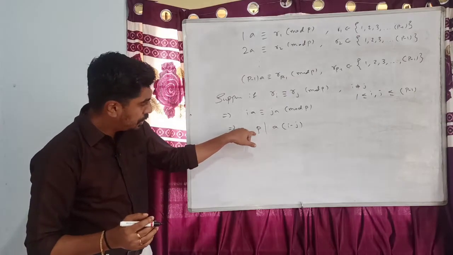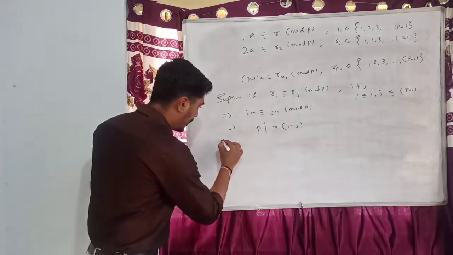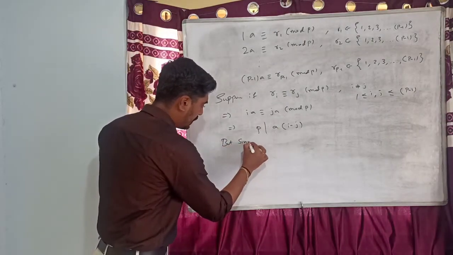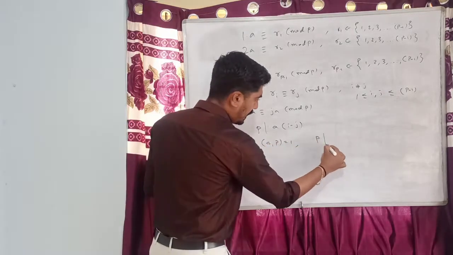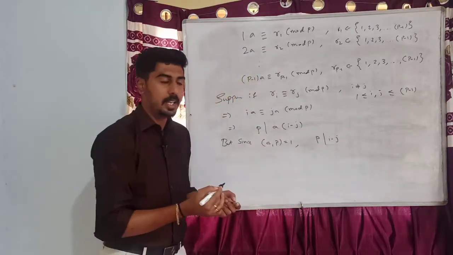But since GCD of A and P is 1, we should have P divides i minus j, which is a contradiction.